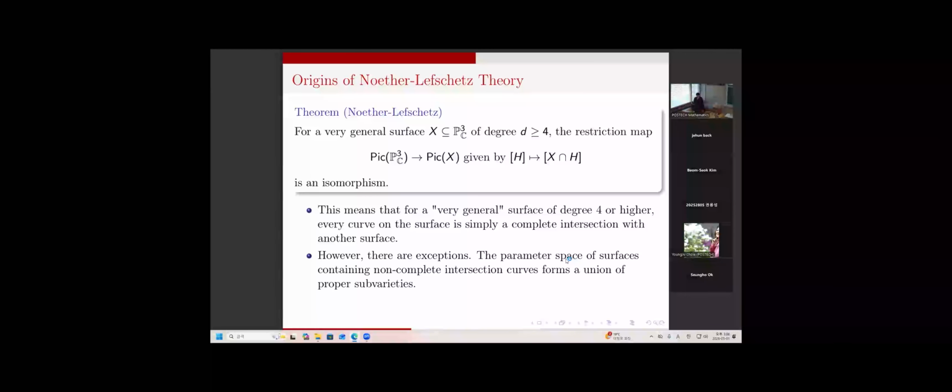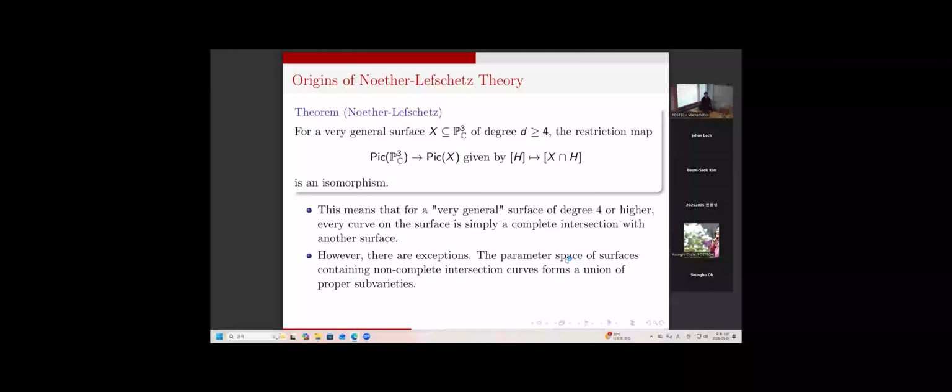The brief history of this is that Noether already considered this problem and had in mind a way of how to do this, but her argument wasn't completely rigorous. And then Lefschetz revisited this problem. Along the way, he discovered his famous Lefschetz-Bellman theorem, which I'm going to mention later, and gave a complete, rigorous proof of this fact.